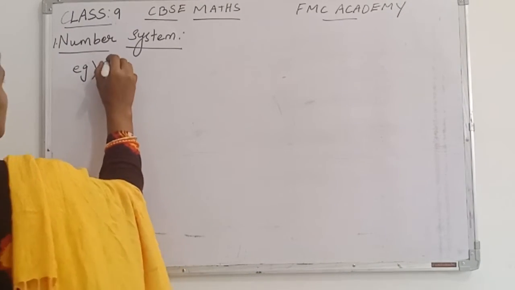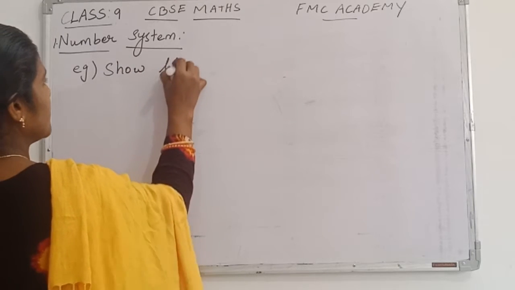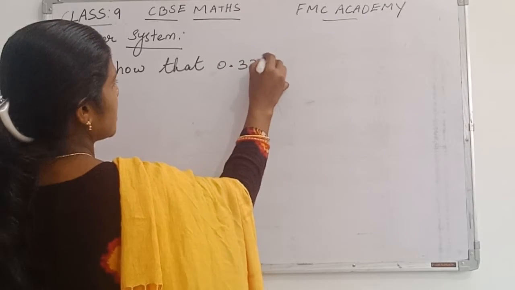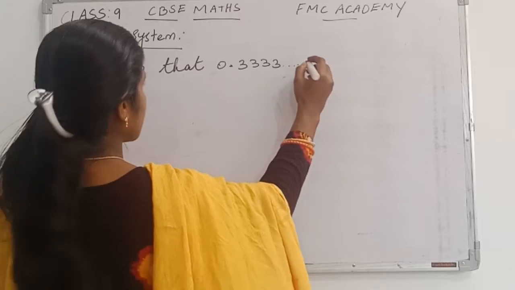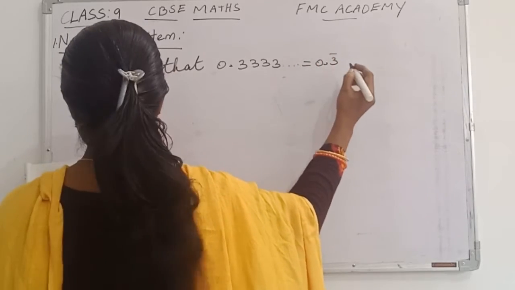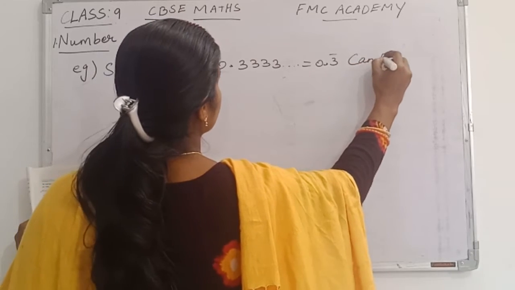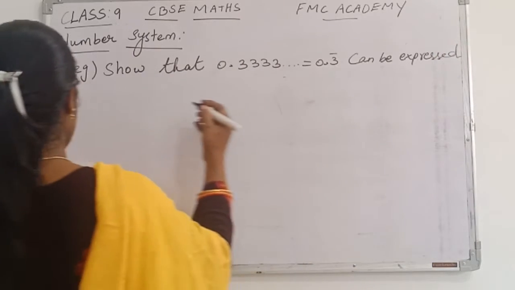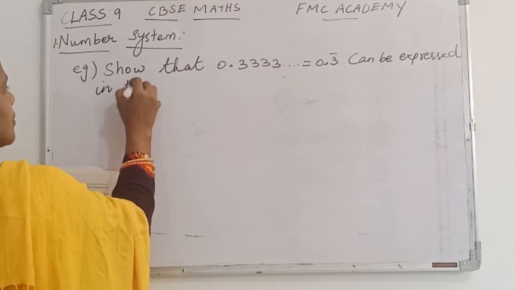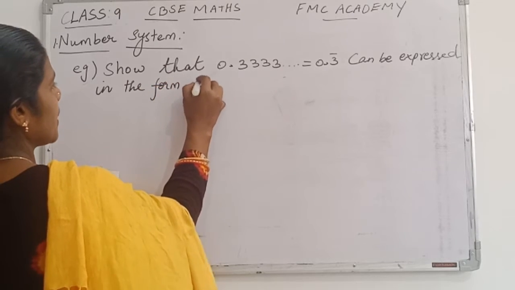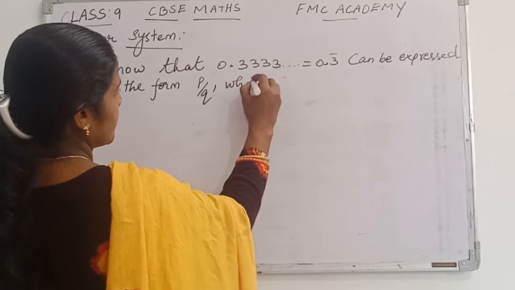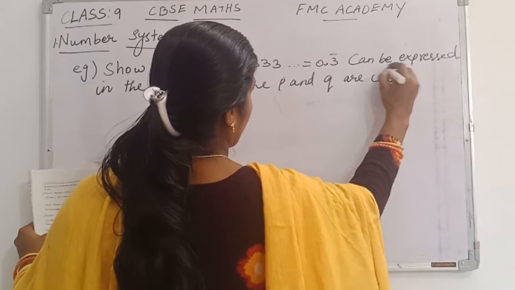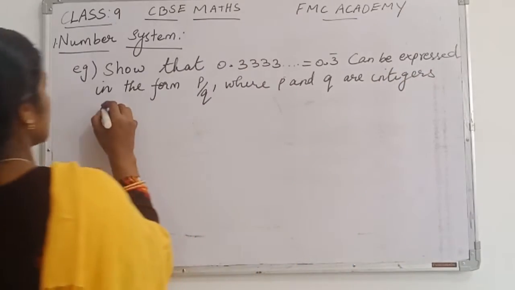The question here is: show that 0.333 repeating, here 3 is repeating, which can be written as 0.3 bar, can be expressed in the form p by q, where p and q are integers, and q should not be equal to 0.